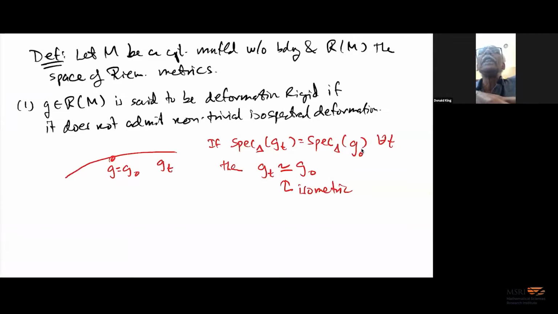So in other words, if we introduce a small parameter, positive real t, we can ask whether the spectrum that you get from G is the same as that which you get by this deformation. If not, if you can't do such a deformation, then you call this deformation rigid.